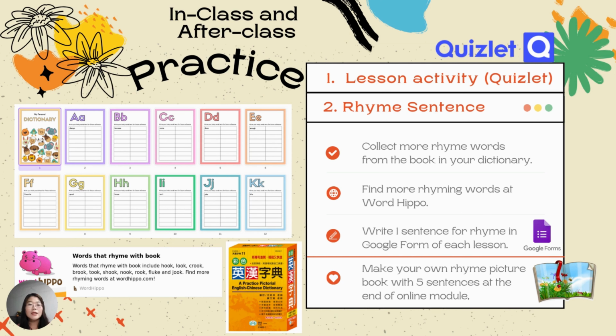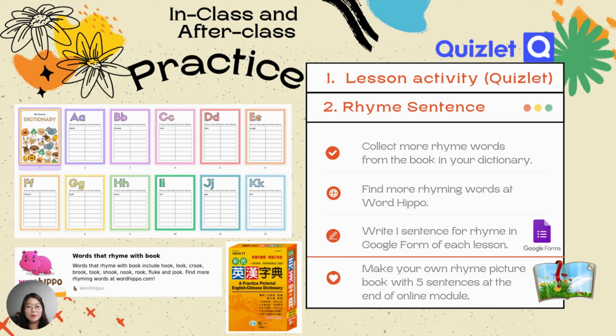Then later on, they need to collect more rhyme words from the book they read or from their own personal dictionary or the bilingual dictionary. Or if they want to explore more, then they can search on wordhippo.com, which can help them to find more rhyming words and the definition of it.